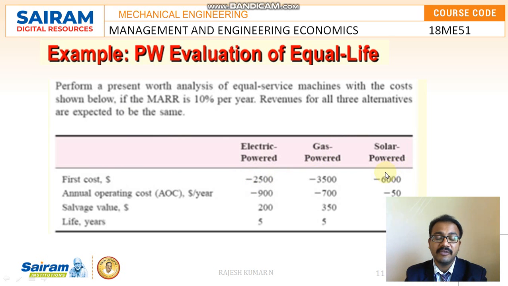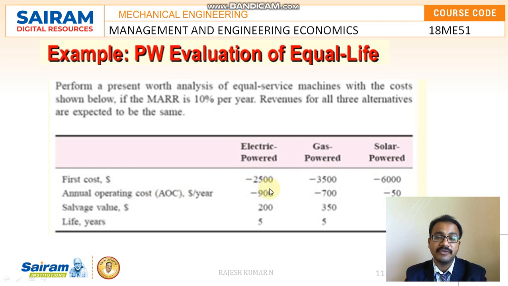The three different alternatives mentioned here are electric powered, gas powered, and solar powered machines. The investment cost for each case is 2500, 3500 and 6000 for electric, gas and solar respectively.